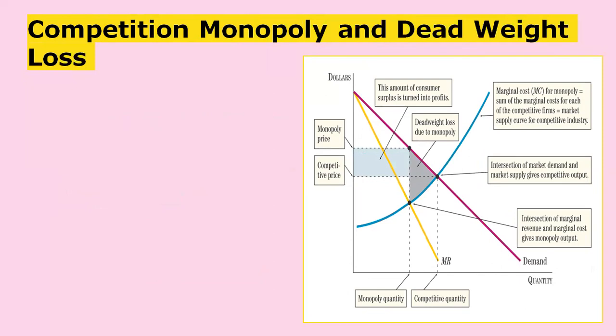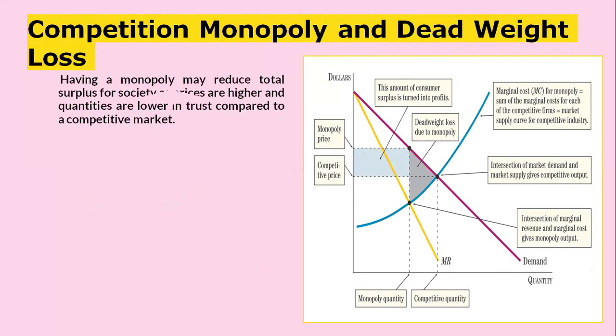Competition, monopoly and deadweight loss. Having a monopoly may reduce total surplus for society, as prices are higher and quantities are lower compared to a competitive market.